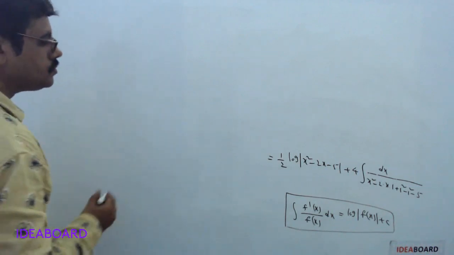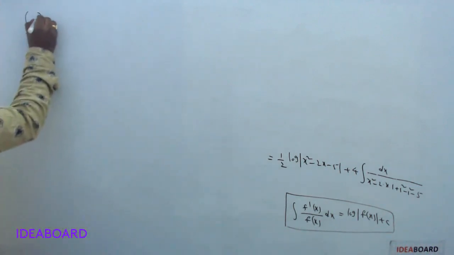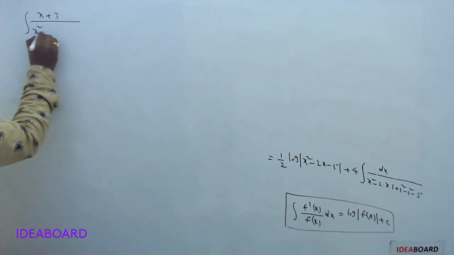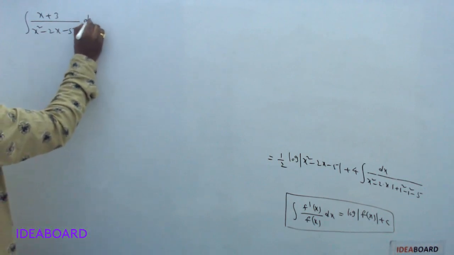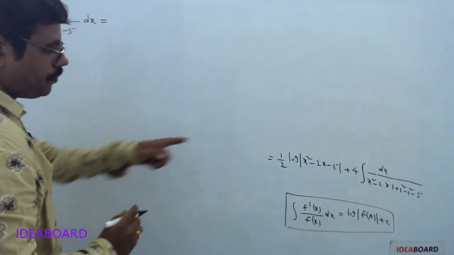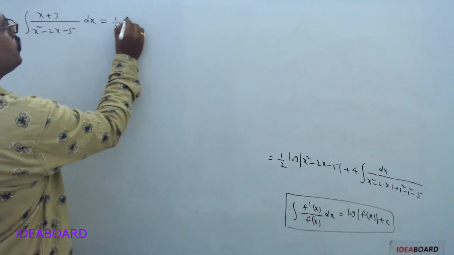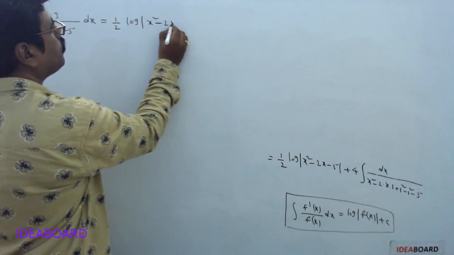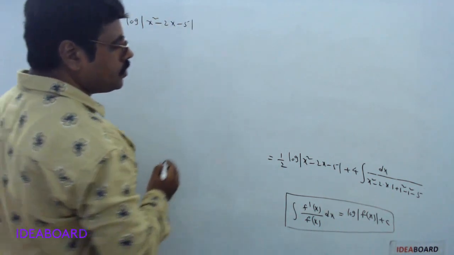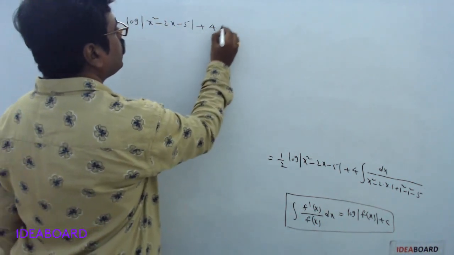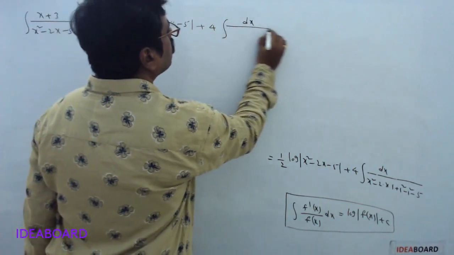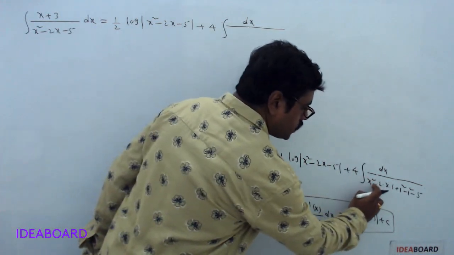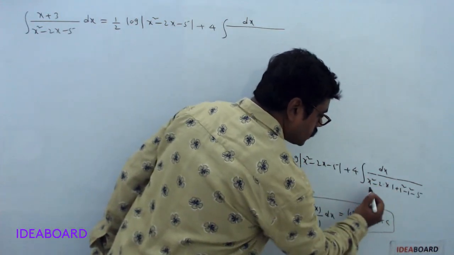Now see the continuation. ∫(x + 3)/(x² − 2x − 5) dx = 1/2 × log|x² − 2x − 5| + 4 × ∫ dx divided by, here x² − 2 × x × 1 + 1².